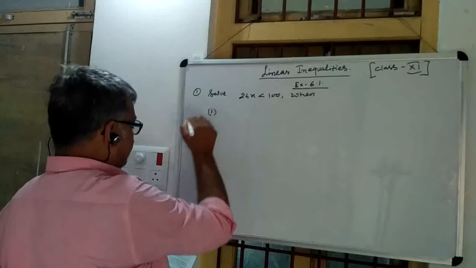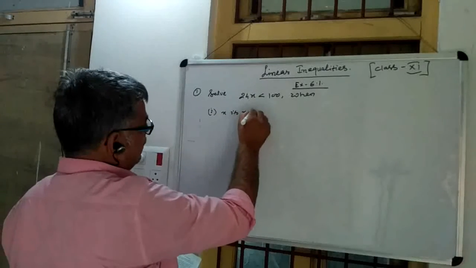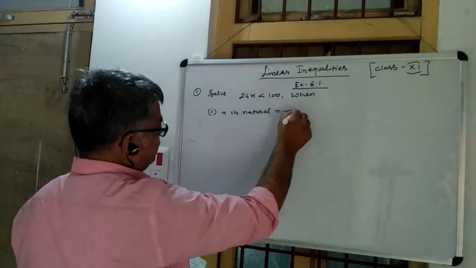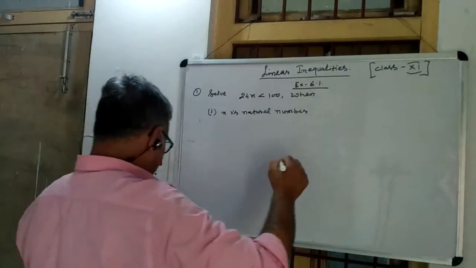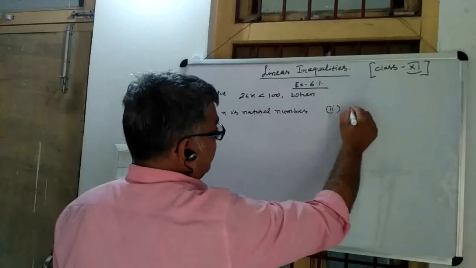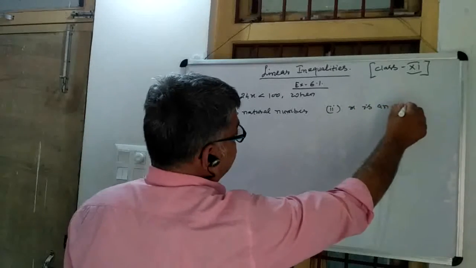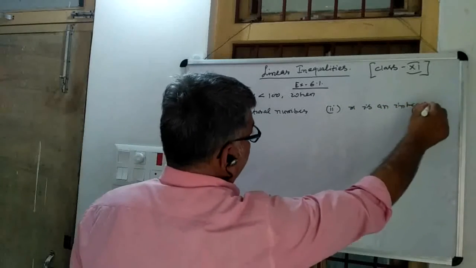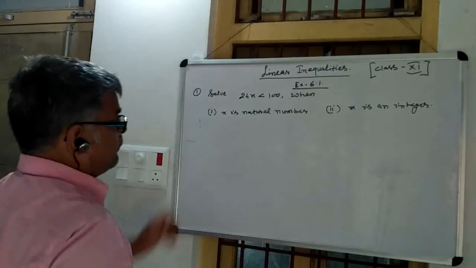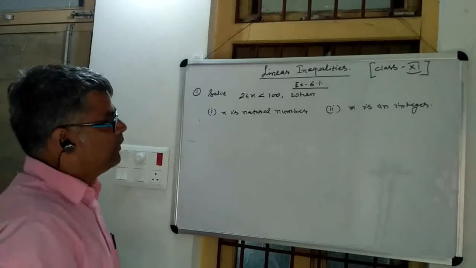Number one condition is x is a natural number. Number two condition is x is an integer. So this is the question. Now we have to solve for the value of x.